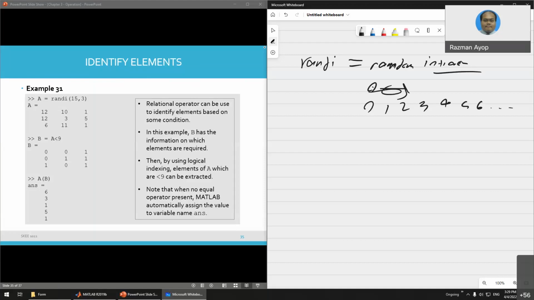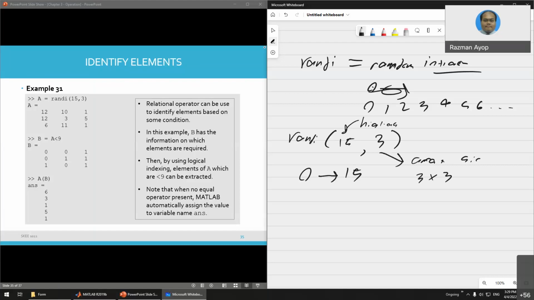If you want to use randi, the first one is the highest value. For example, this one is 15, so basically 0 until 15. And 3 is the matrix array size, so 3 means 3 multiplied by 3. That is how to use randi. No need to worry, but better you know this.